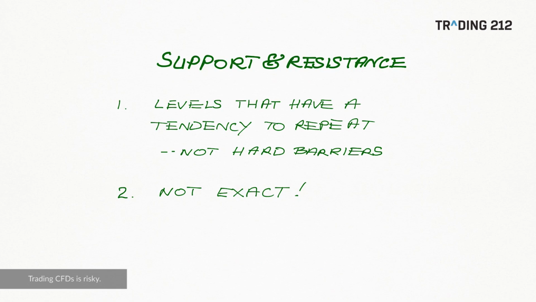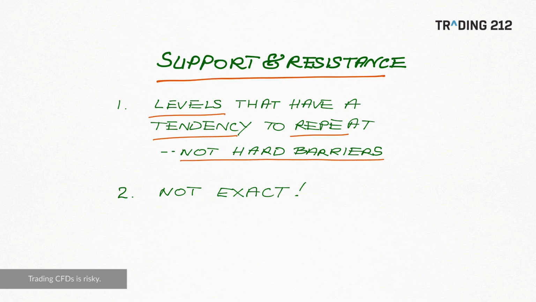What I want to do now, though, is to clarify two important aspects of what we've just been looking at on that previous chart. So first of all, supports and resistance are levels that the market tends to rebound from, so there is a tendency to repeat that behavior. However, earlier in the video when I wrote barriers, I had it in inverted commas because supports and resistance levels are not hard barriers.